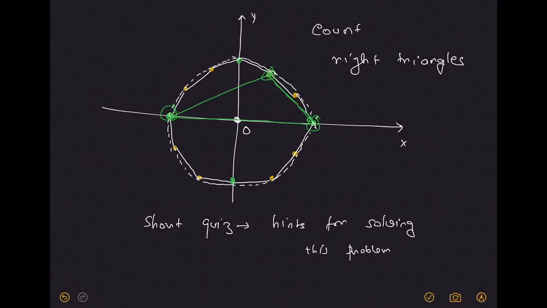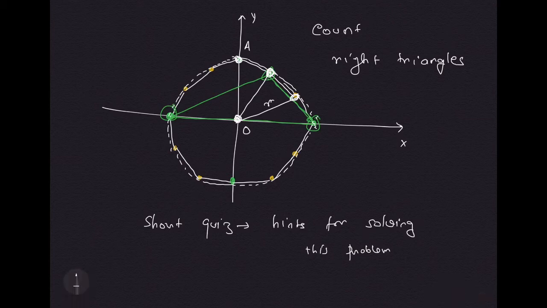After all, it's a regular polygon, so it's easy to show that the distance of the origin from any one of the vertices, or from all of the vertices, is equal. So you can take this as a radius and draw a circle, and it will pass through each of the vertices. Okay, great. So it's a cyclic polygon, and we want to find out the right triangles inside this polygon.